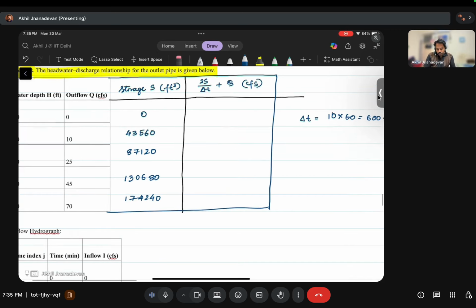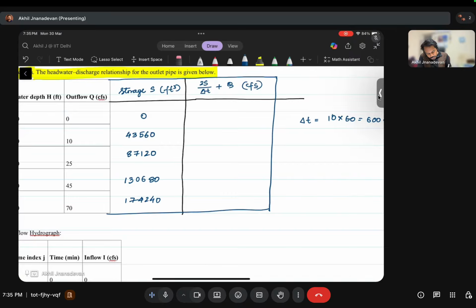So this will be 2 into 0 divided by 600 plus q, which is 0. One sample calculation: 43,560 into 2 divided by 600 plus q, that is 10, will be around 155.2 CFS.